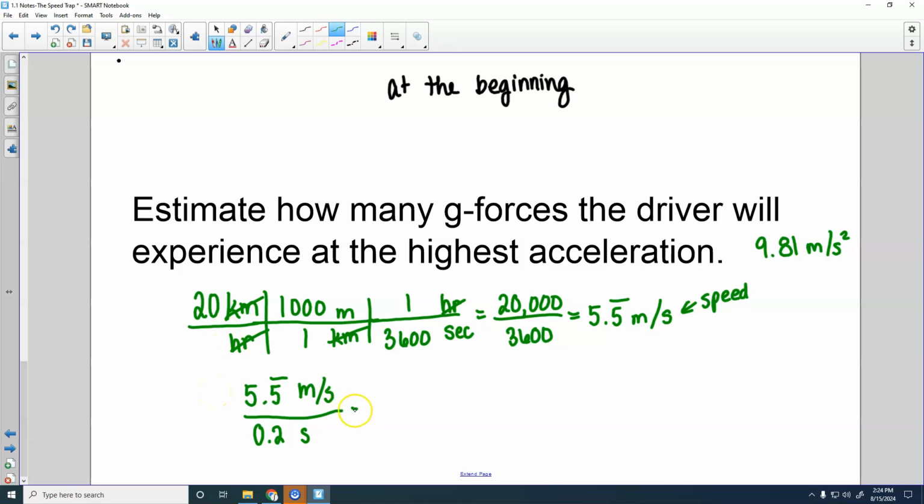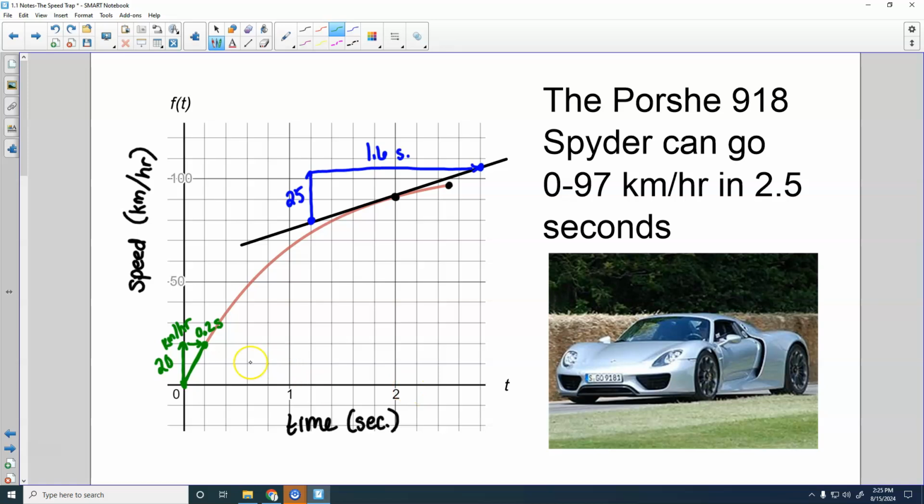Dividing by 0.2, I've got 27.7 repeating meters per second squared. This is my acceleration. Where did the 0.2 come from? Each one of these little blocks on the graph is 0.2 since it goes over here to 1. So my change in y is 20, and my change in x is the 0.2 there.